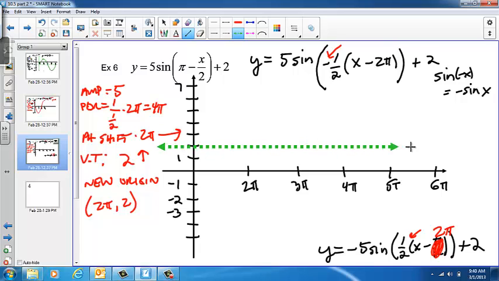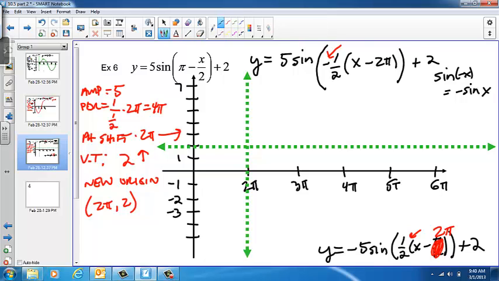If this is helpful, make sure you draw them in as dotted lines, okay? So there's your new origin. Your amplitude is 5. So from the x-axis, your new x-axis, you're going to go up 5, and that'll get me up to 7. And you're going to go down 5, and that'll get me as low down as negative 3. It's a sine curve which starts at the origin.